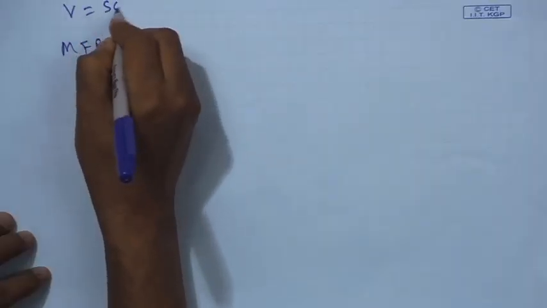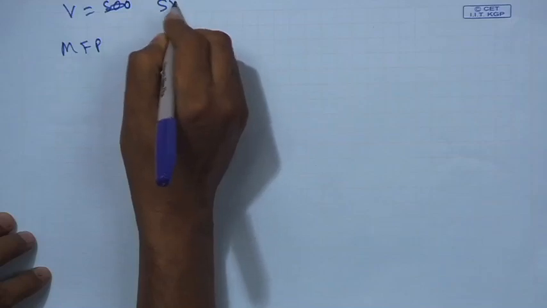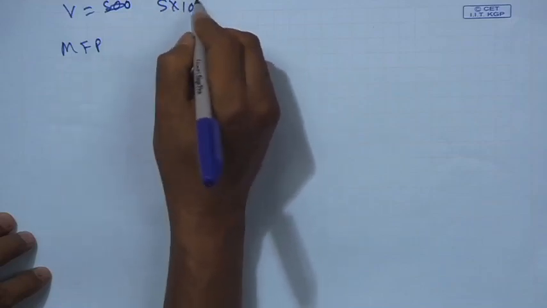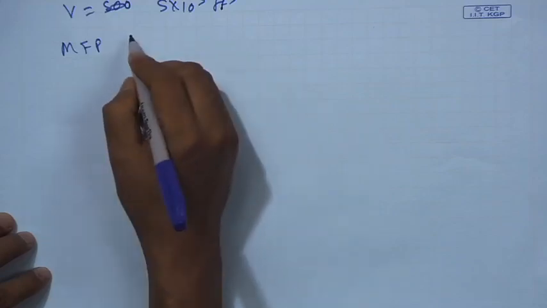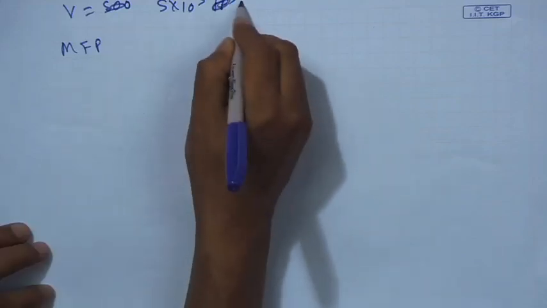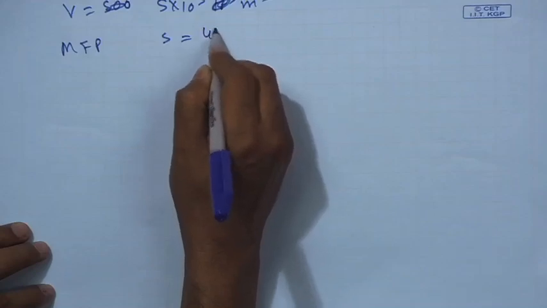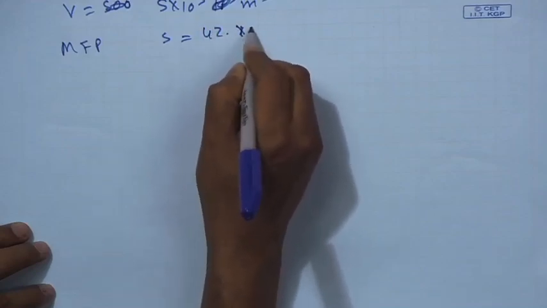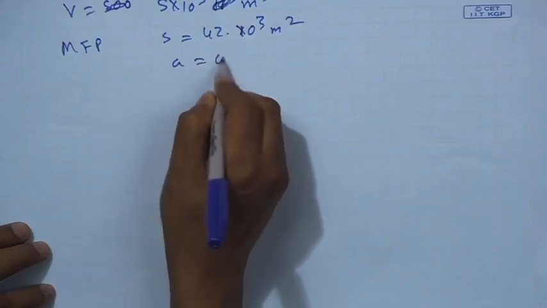V is 5 into 10 to the power 5 cubic feet, let us convert to meter cube, and S is equal to 42 into 10 to the power 3 meter square, and A is equal to 0.128.